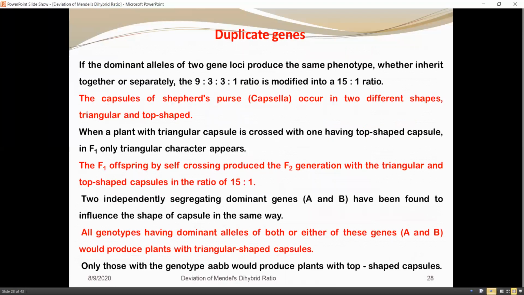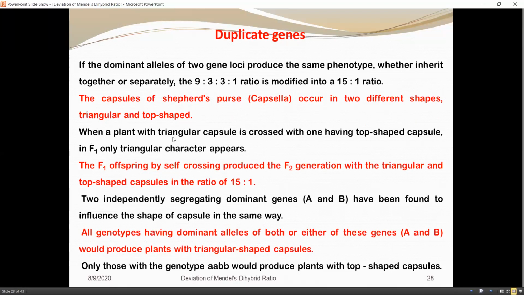Now duplicate genes. If the dominant allele of two loci produce the same phenotype, whether inherited together or separately, 9:3:3:1 ratio is modified into 15:1 ratio, just contrasting to the complementary gene. The capsule of Shepherd's purse, Capsella, occurs in two different shapes, triangular and top shape.